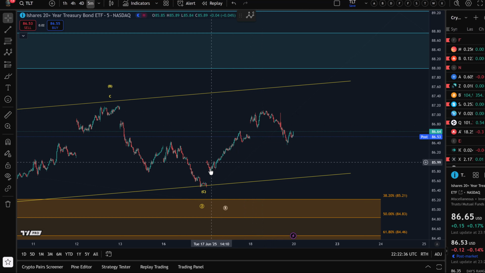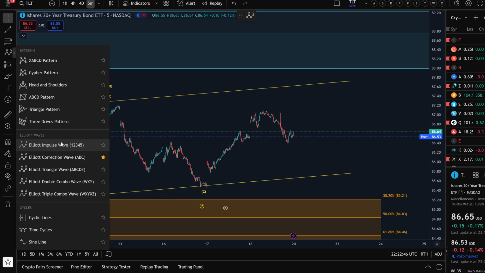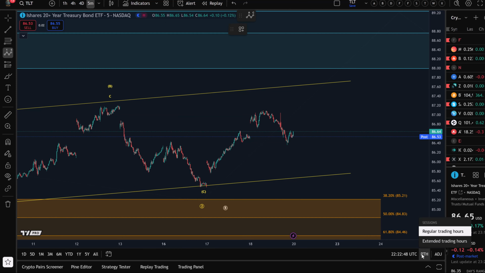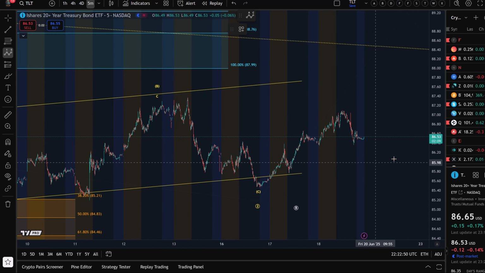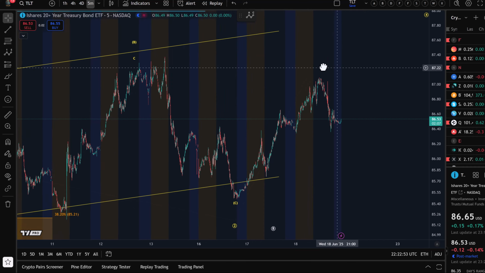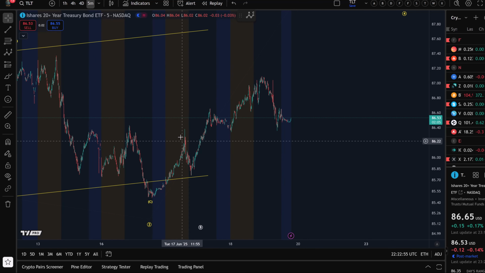I mean, I could actually say this is another 5 up, possibly. Yeah, I think we can do that. If I go to, let's see, does it give me extended hours? Yeah. Okay, taking this into account, it does look more like 3 waves up.